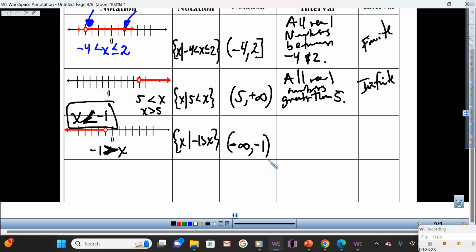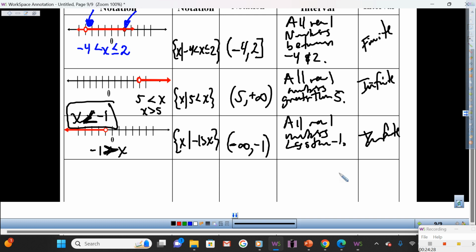That is correct. And in words, all real numbers less than -1. And this is an infinite interval. Am I right? All right, hands, have you got something like that?